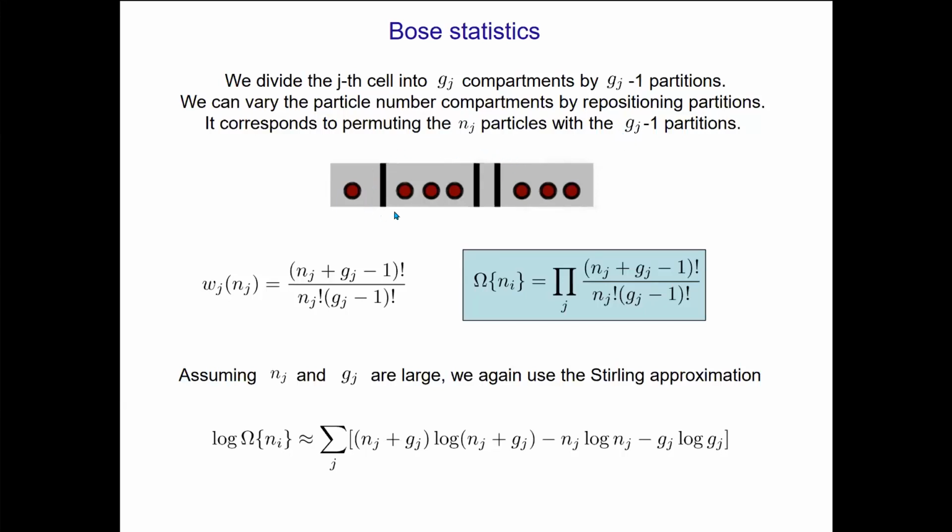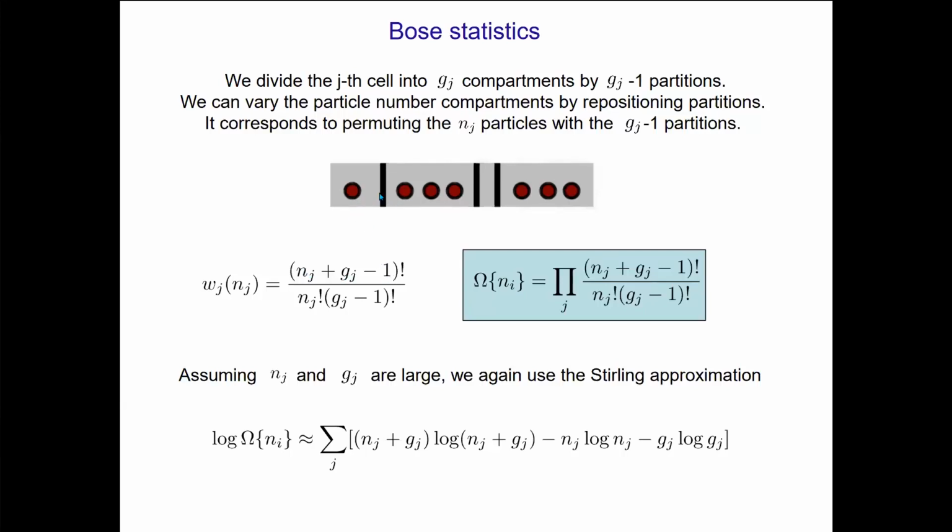And to count the number of ways, we just need to count in how many ways we can choose. If we now consider all these balls and partitions as on the same ground, we basically need to choose Gj minus 1 objects out of a total of Nj plus Gj minus 1 objects.